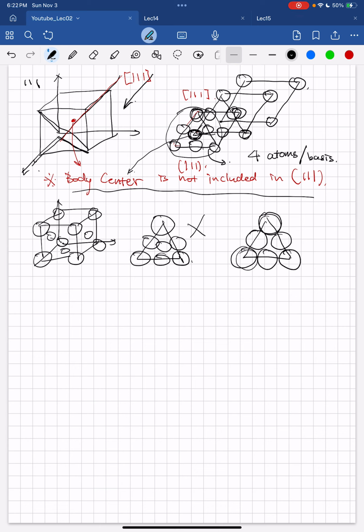These are lattice points, and these are bases. Of course, there is another one on top, which is included in the basis. But anyway, this is one lattice point. And then this 111 plane will look like this.